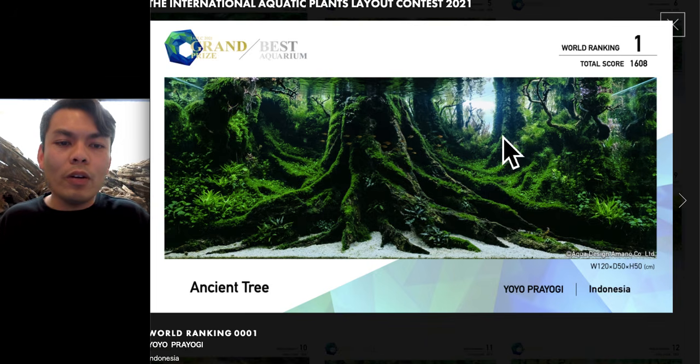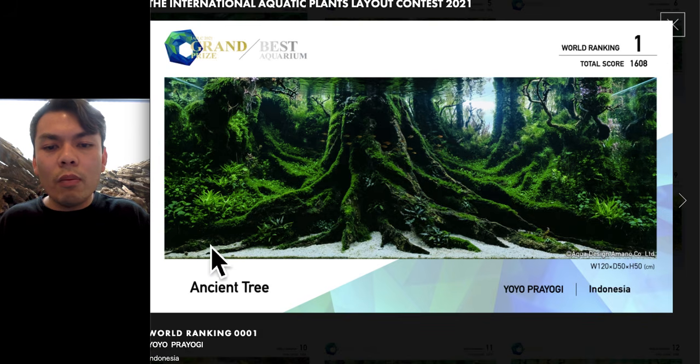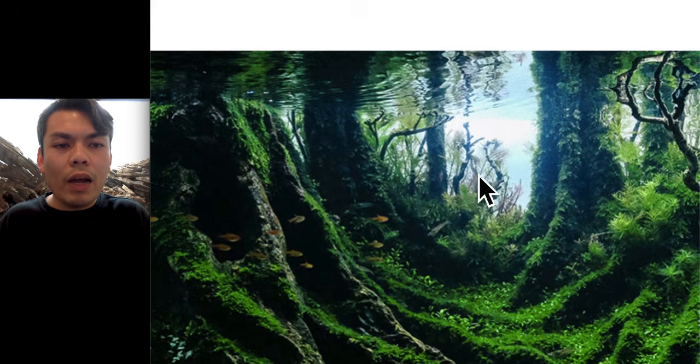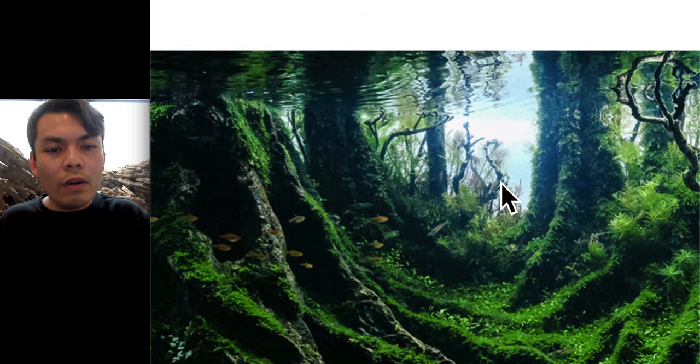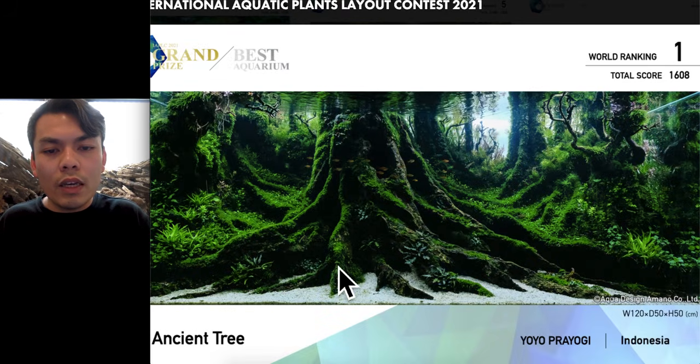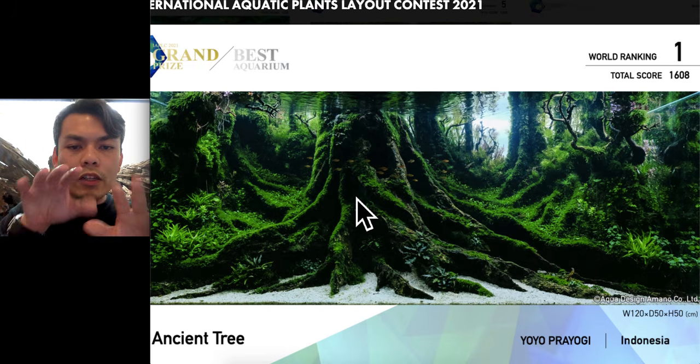The next thing that I thought number one was very good at doing is creating layers from foreground to midground to almost 1, 2, 3, 4, 5 layers into the distance here. This particular part of the aquascape creating that end point is very calming versus the almost jagged tension that is almost telling you to stay away.